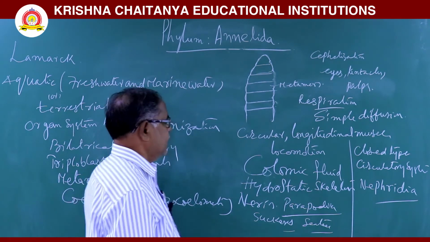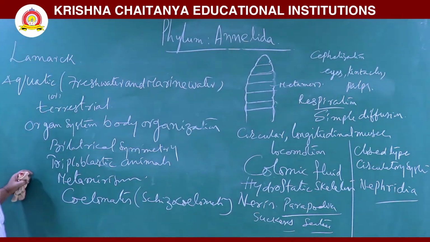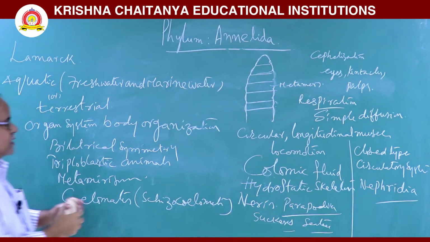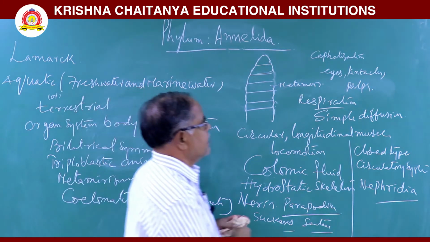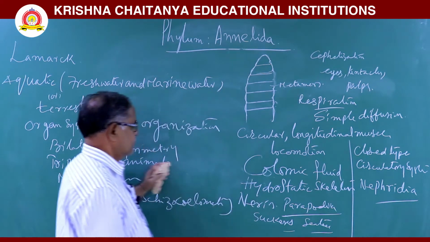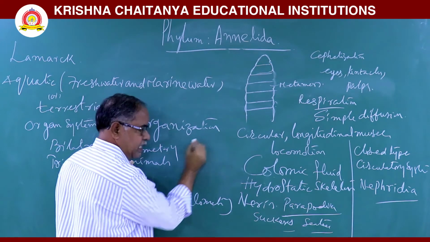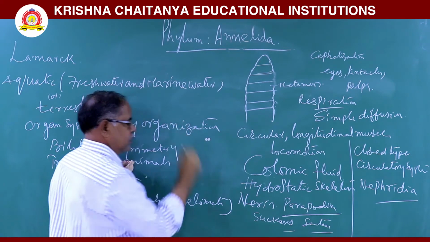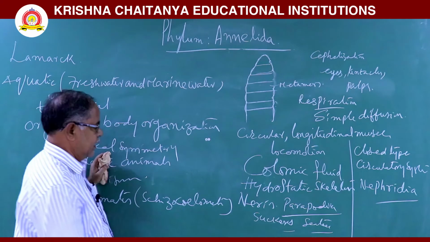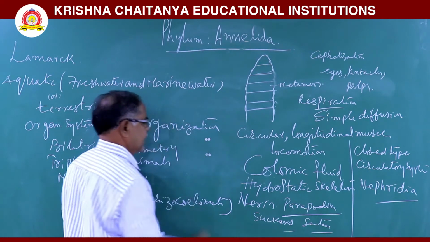Next, the nervous system is well developed. In the nervous system, a nerve ring is there. This nerve ring is formed by one pair of cerebral ganglia and one pair of subpharyngeal ganglia.